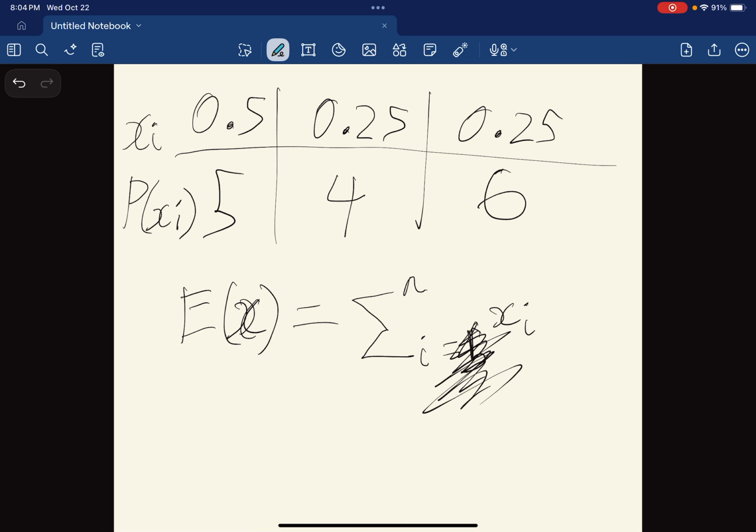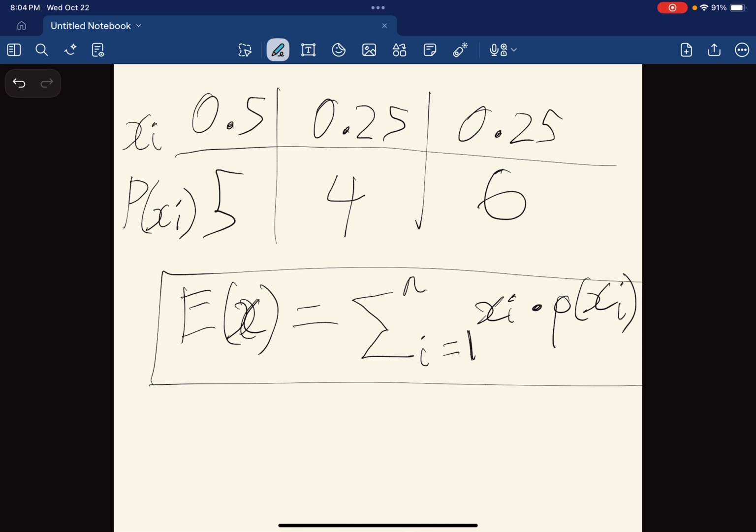I have a hard time remembering this formula. Okay, so this is your expected value formula, right?